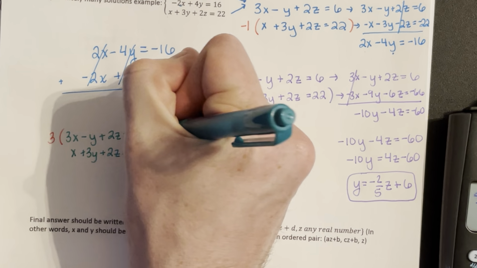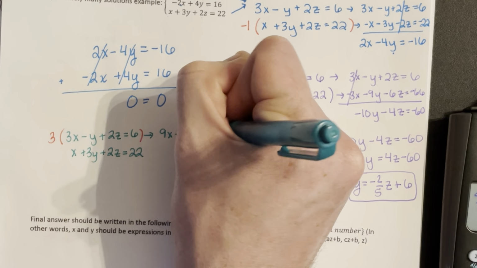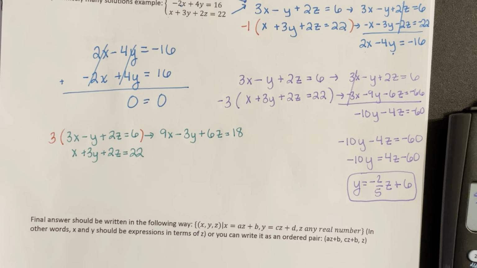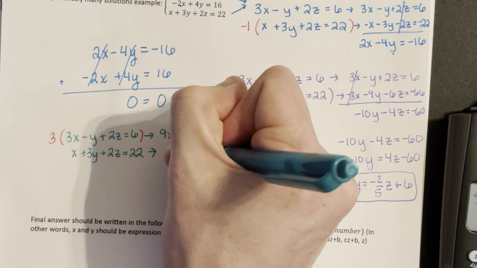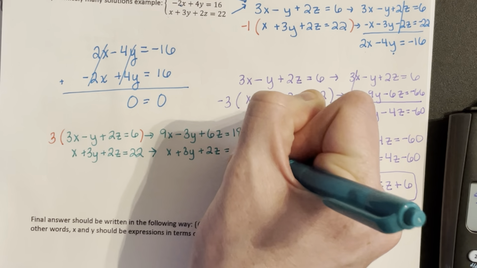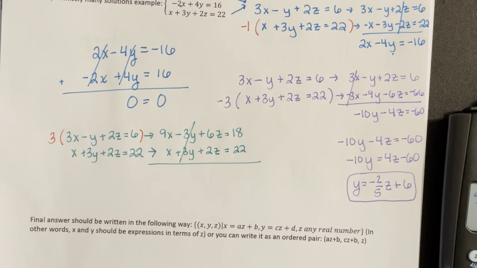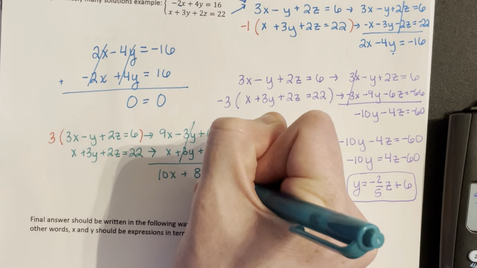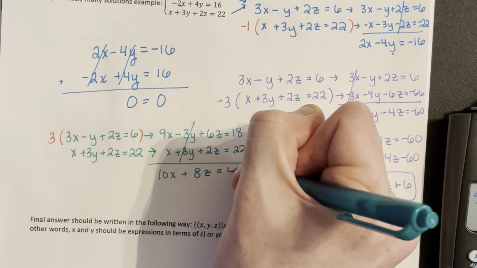So I get here 9x minus 3y plus 6z equals 18. On bottom, we already had an x plus a 3y plus 2z equals 22. If we add straight down, our y's are gone, and I have 10x plus 8z, not 8y, equals 40.